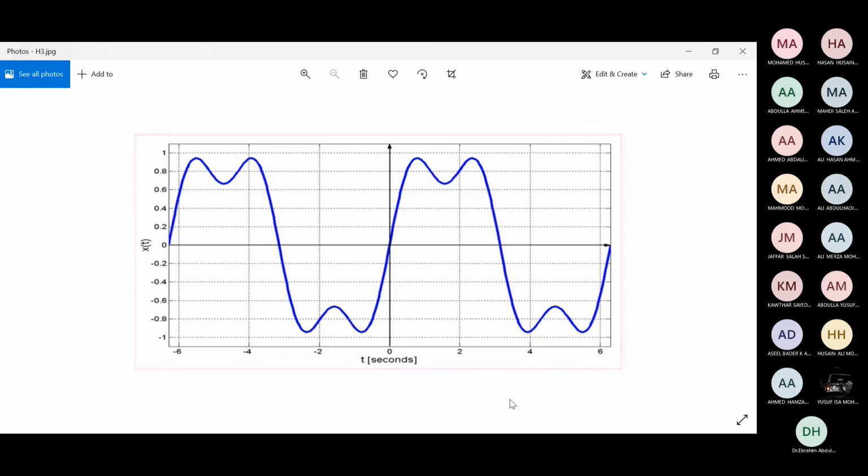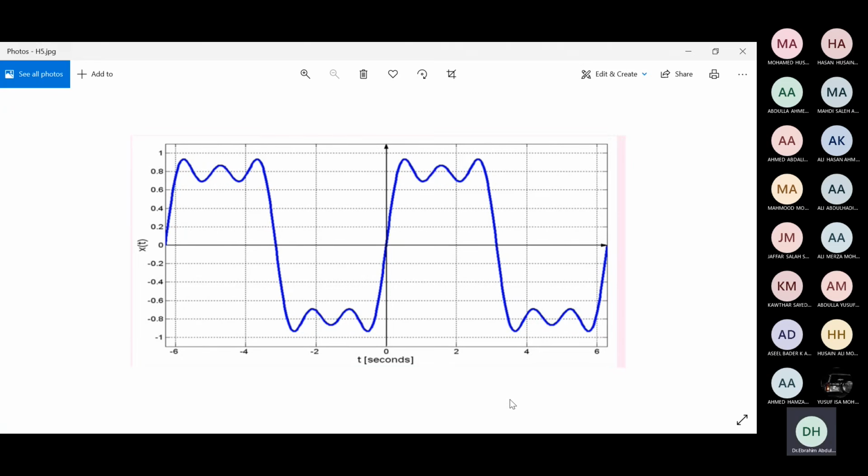And I add to this one, to the new one, another sine. Okay, with a frequency equal to 5 times the original one, and amplitude it's equal to 1/5. What will happen? The total will be this.